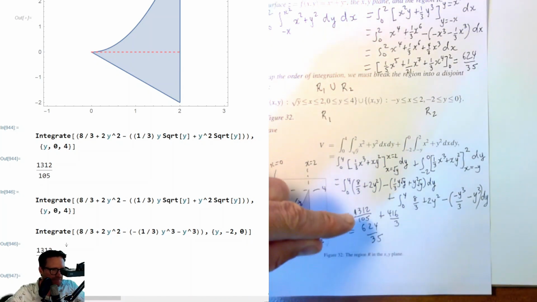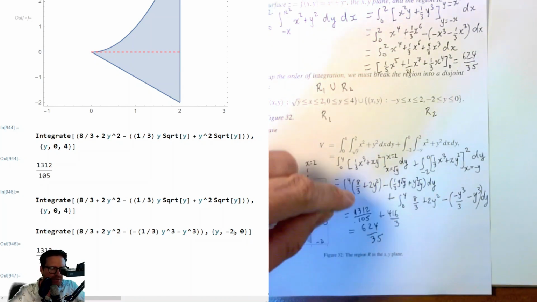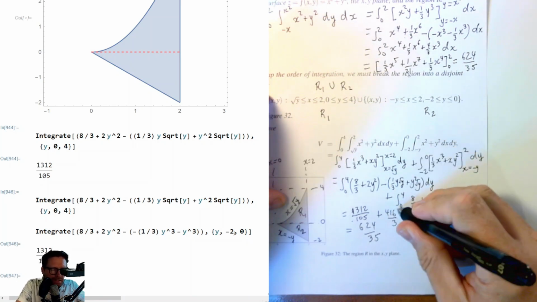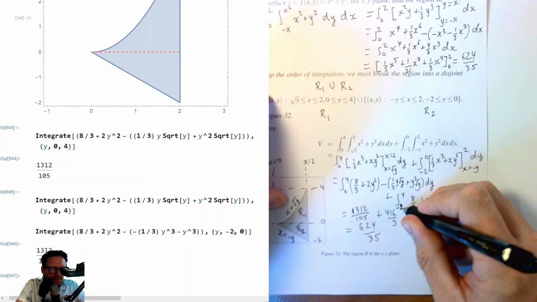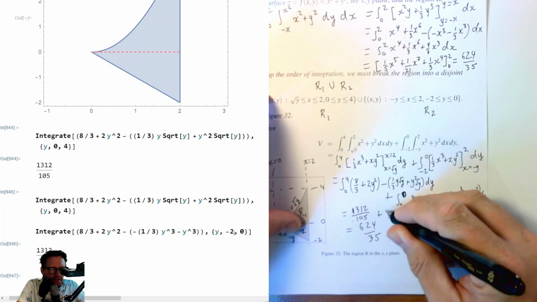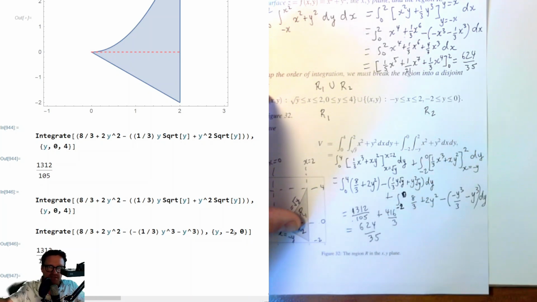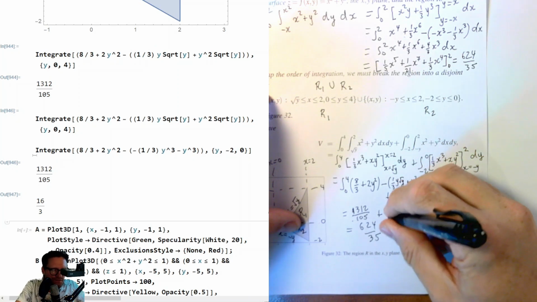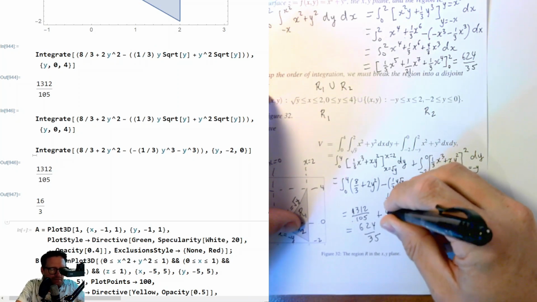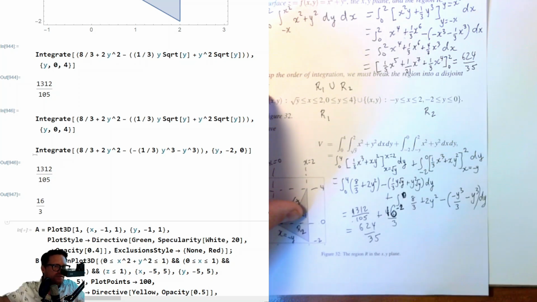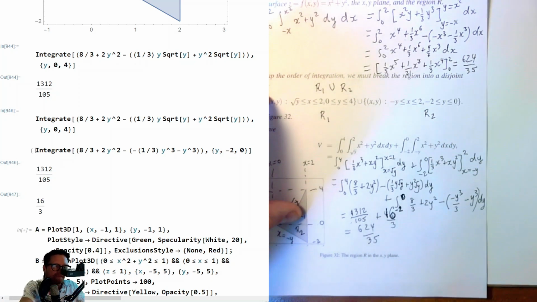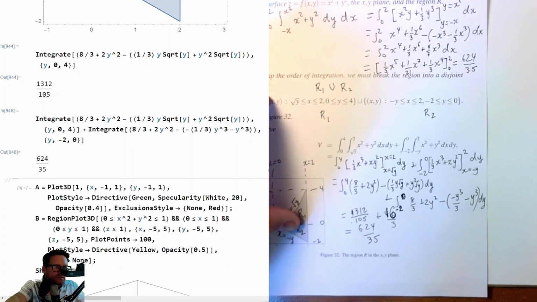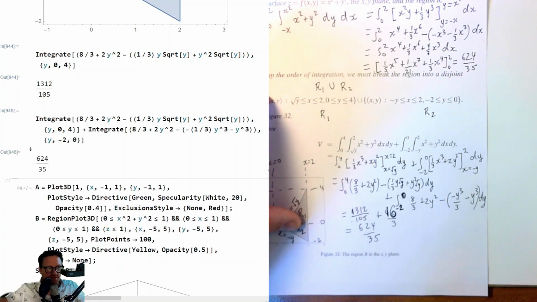I've got to integrate from minus 2 to 0 in the second piece, so that should be minus 2 to 0 here. And so this gives us 16 over 3 when we do this little calculation. So 16 over 3. Now the sum of these two things is 624 over 35.